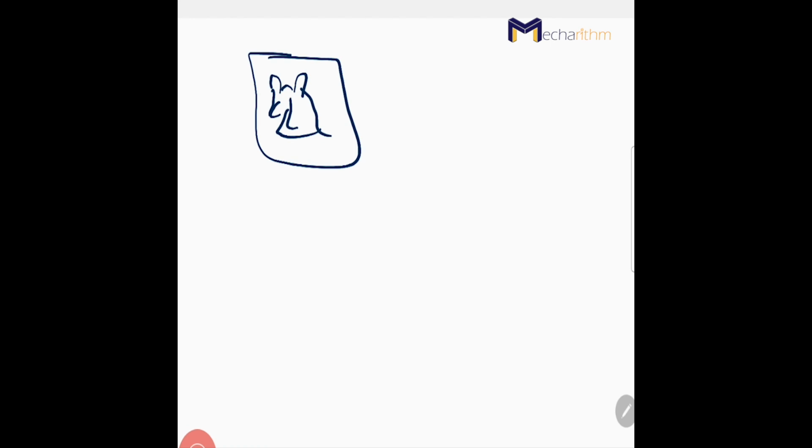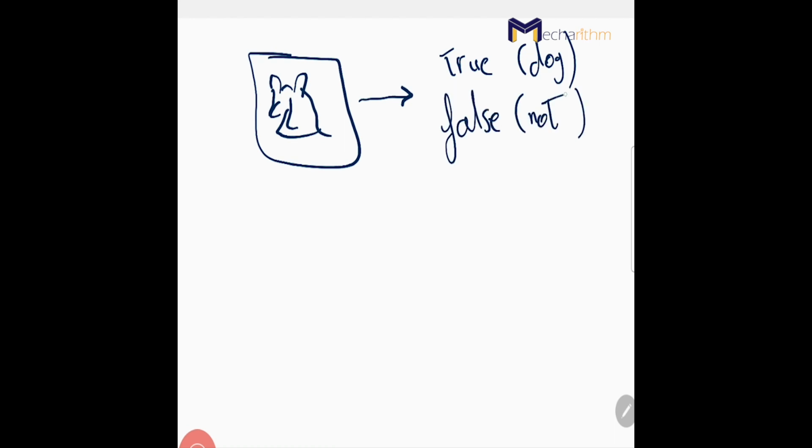Not the best drawing, but we can go with that. So imagine that I want to classify this image as being the image of a dog or not. So I'm going to say true if it happens to be the image of a dog, or false if it's not. So how am I going to present that mathematically?